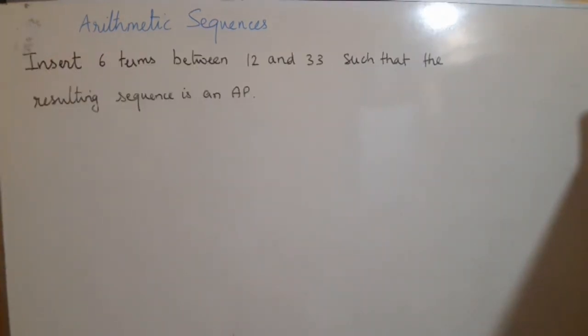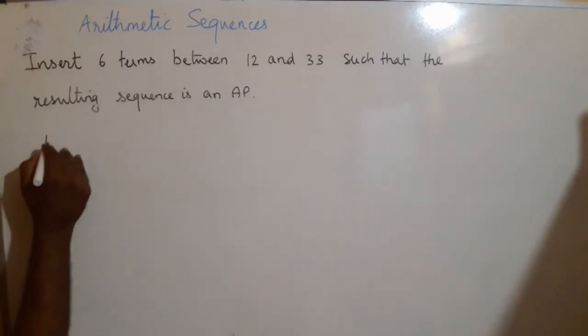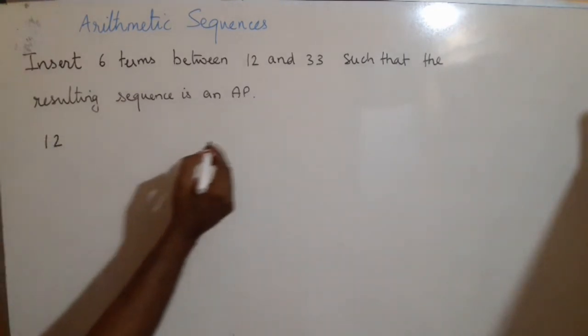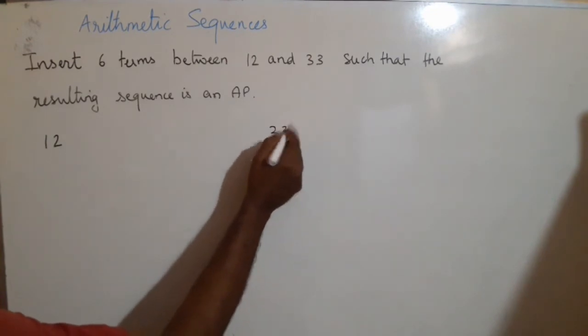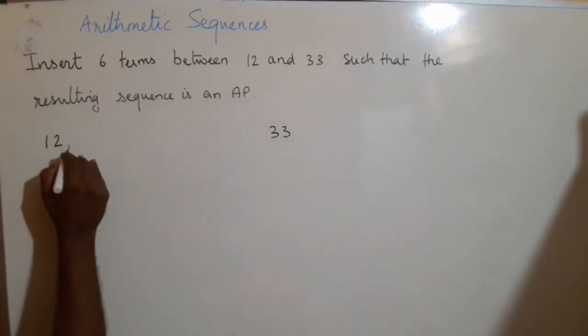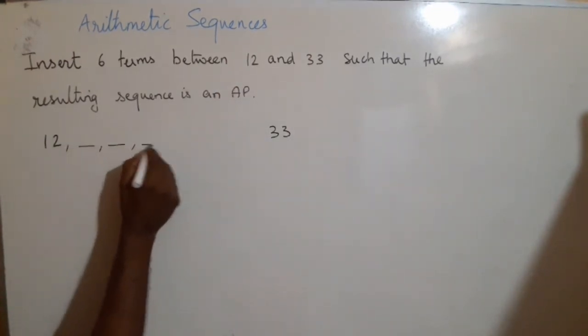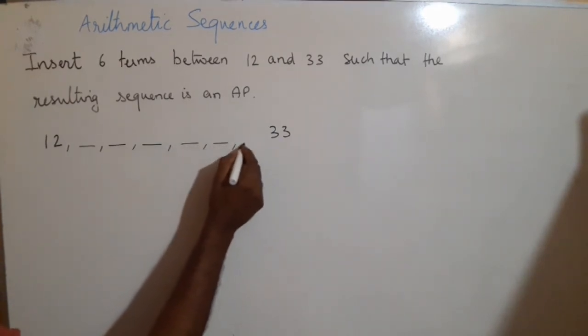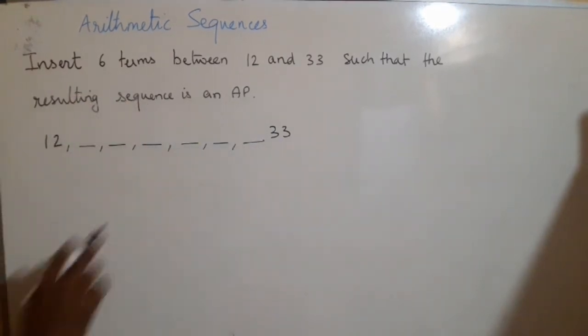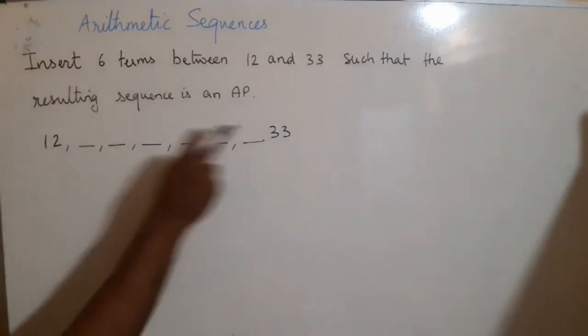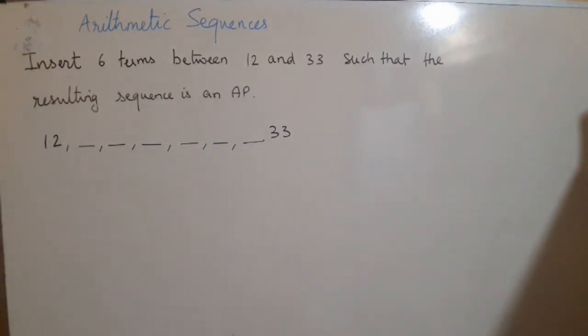We have a sum based on the previous formula. Insert 6 terms between 12 and 33 such that the resultant sequence is an AP. So what have we got? We have got 12 and 33, and we have to insert 1, 2, 3, 4, 5, 6 terms between 12 and 33 to result in an AP.